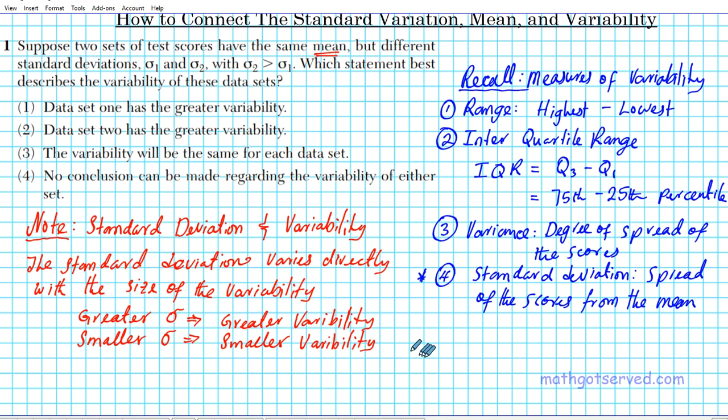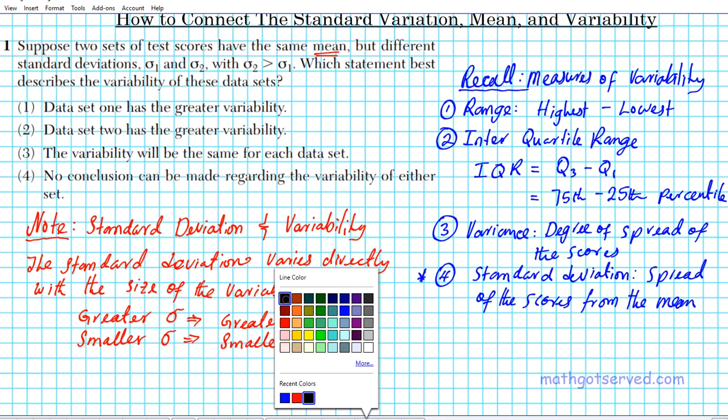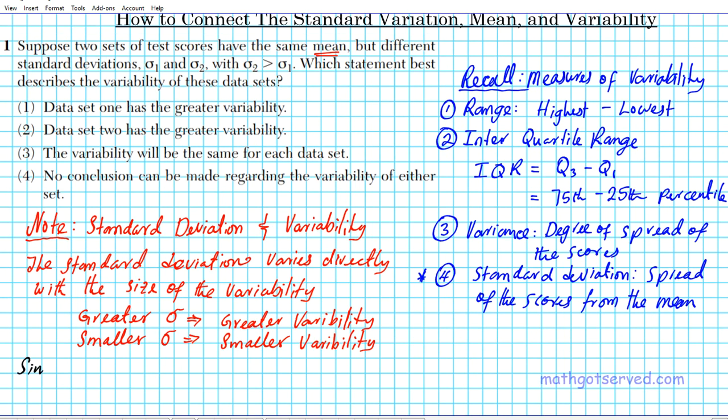Since the standard deviation of dataset 2 is greater than the standard deviation of dataset 1, that basically means that dataset 2 will have a greater variability.